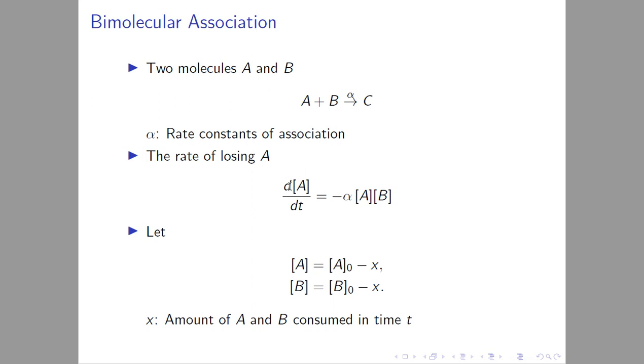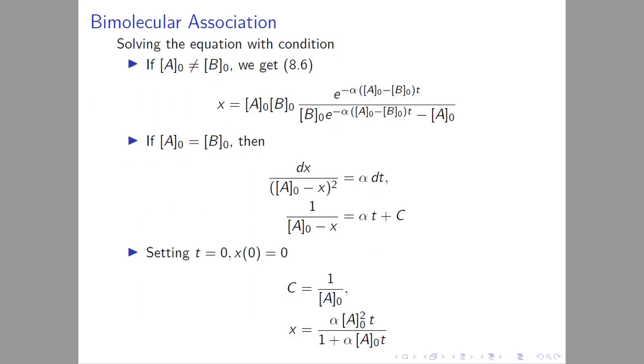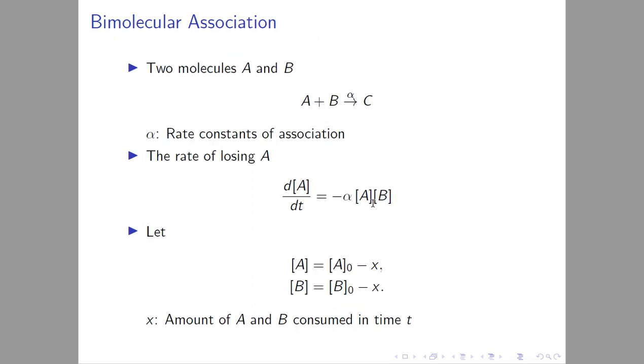So dA over dt equals minus alpha A B, concentration of A, concentration of B. And if we let the concentration of A and the concentration of B equal the initial concentration A naught minus X, and B naught minus X, where X is the amount of A and B consumed in time T, then if we put back into this equation and rearrange, we are going to get and solve the equation in our textbook.